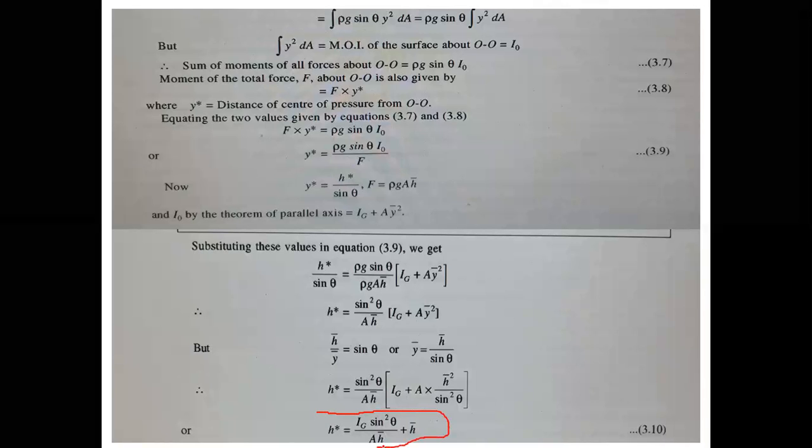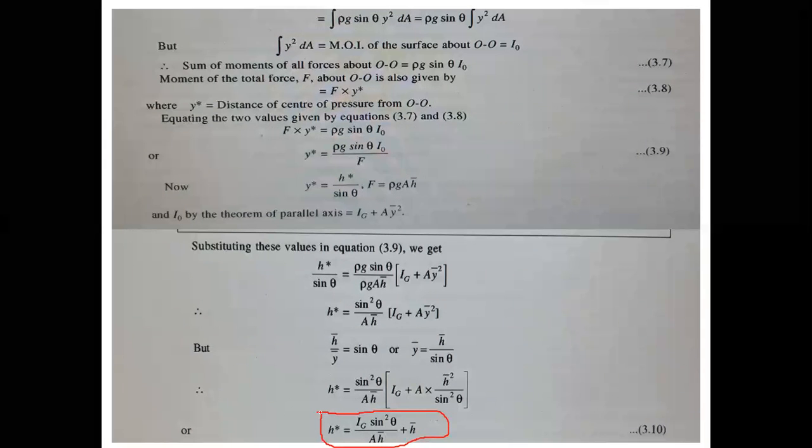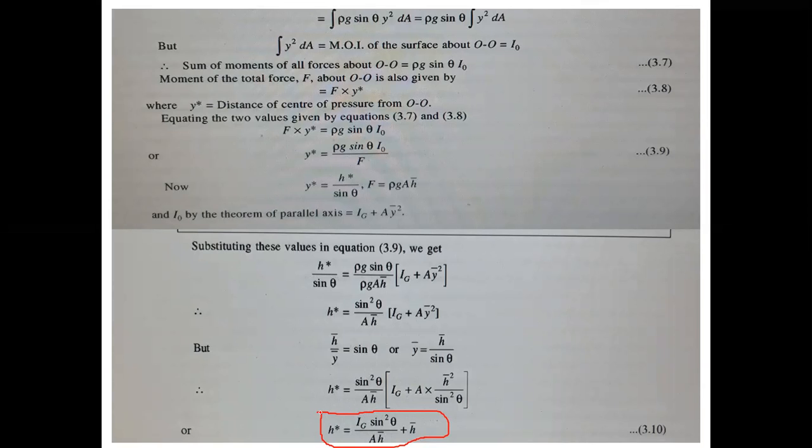So generally you do not get these derivations. So this is the equation: h star equals Ig sine square theta by A h dash, plus h dash. Initially, in the earlier problems there was no sine square theta, when the object was vertical, because we don't have any theta there.